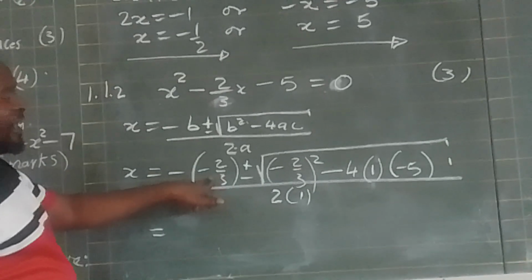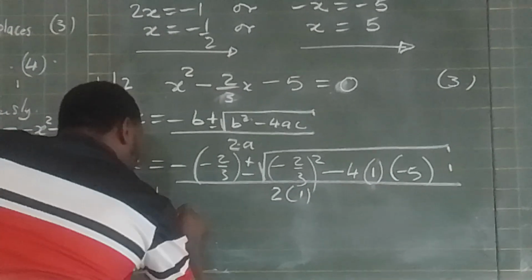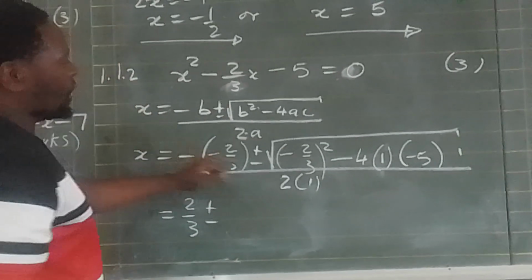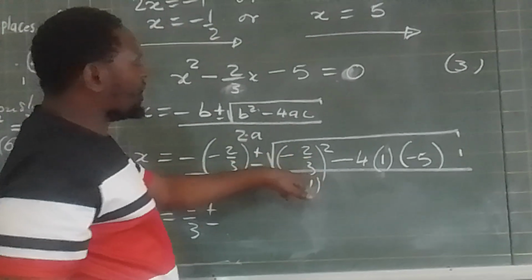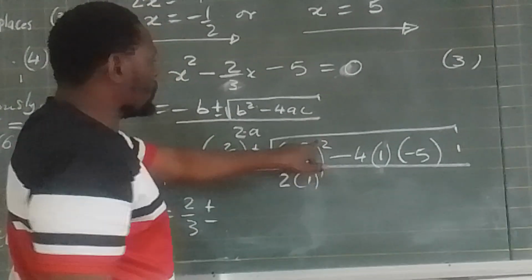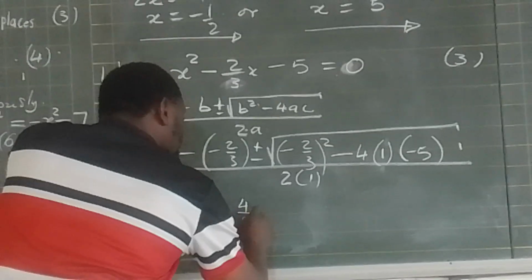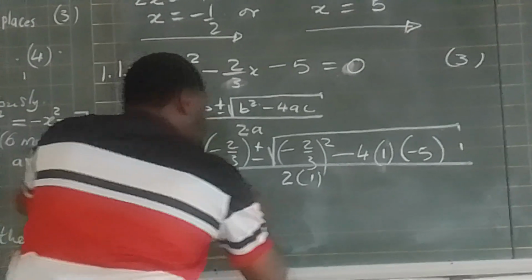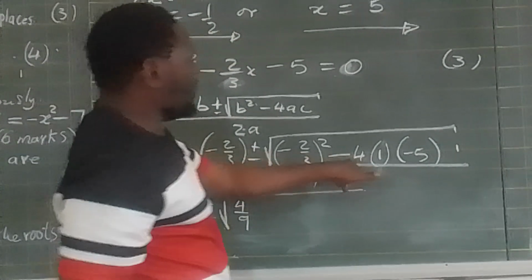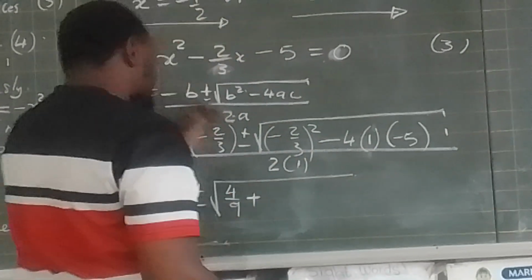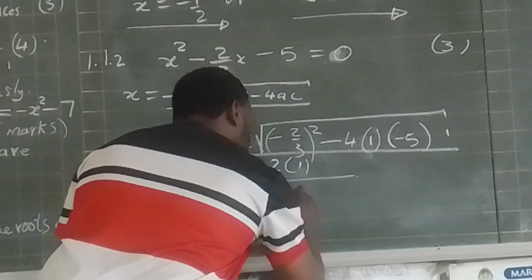A negative times negative is positive. You have a 2 over 3 plus minus a square root of minus 2 over 3 squared, which is positive 4 over 9. A negative times negative is positive. 4 times 5 is 20.